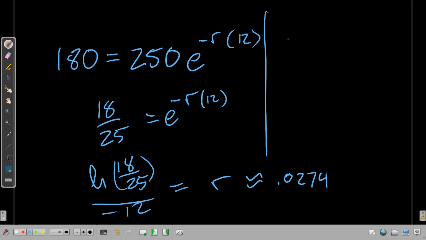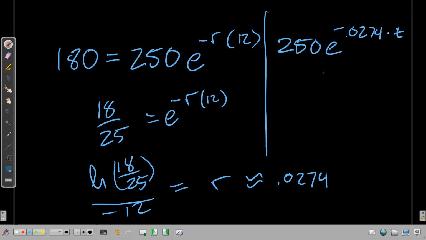Then my model is, come on now, my model is 250 e to the minus 0.0274 times t. Find the half-life of the element. Ooh.